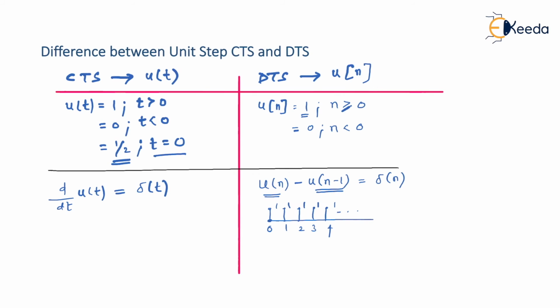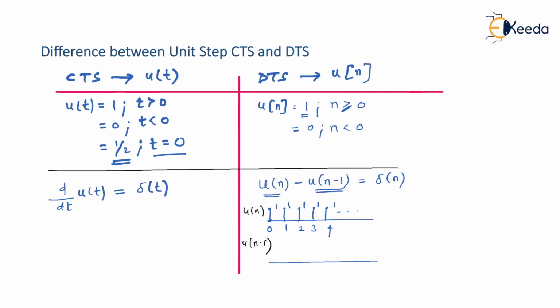Now if u of n is known to me, how to go for u of n minus 1? It is the same u of n, only delayed by 1 unit. Whenever we delay by 1 unit, we shift the signal to the right-hand side by 1 unit. Therefore, if this is u of n, then I can draw u of n minus 1 like this.